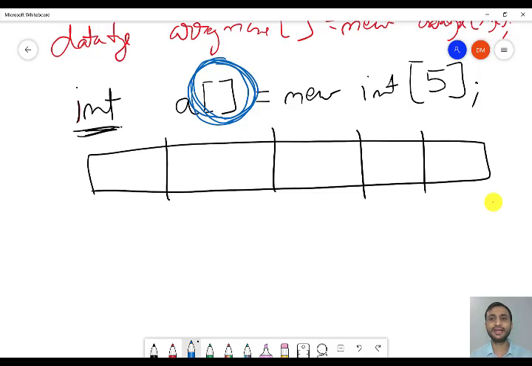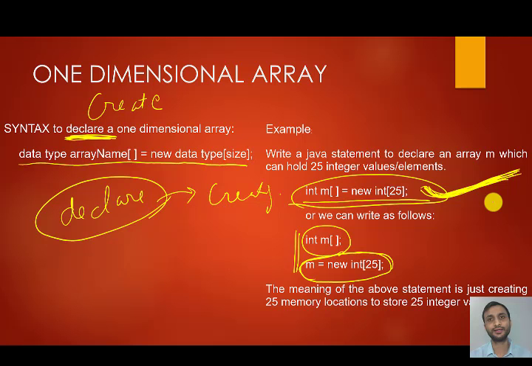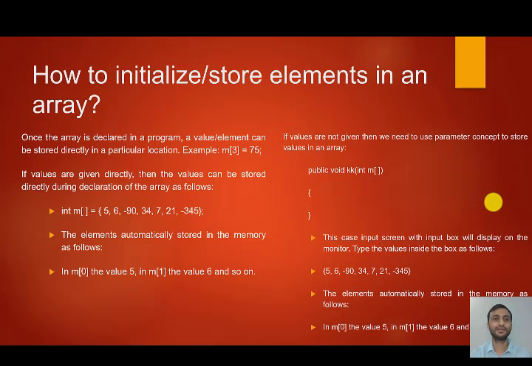So now we have created the array, but we have not stored any value. We need to keep values, just as in this train we need passengers. So now we'll understand how to keep values in an array. Keeping values in an array is known as initializing. Same thing was there in variables.